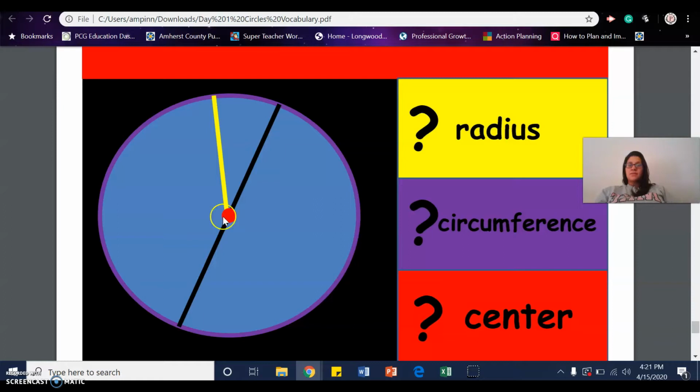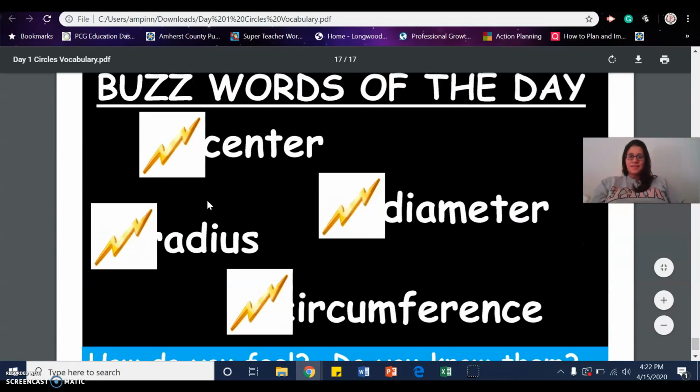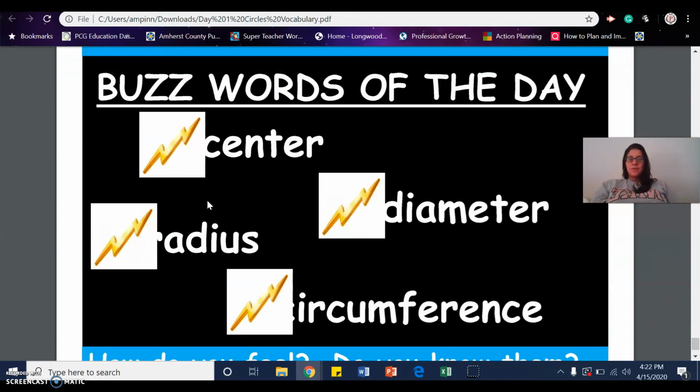It's the radius. The purple circle going around the circle, your circumference. And then the center dot, I even said it, is your center point. All right, so don't forget your buzzword.